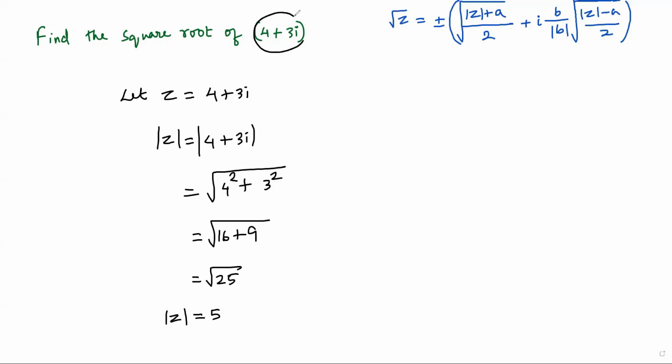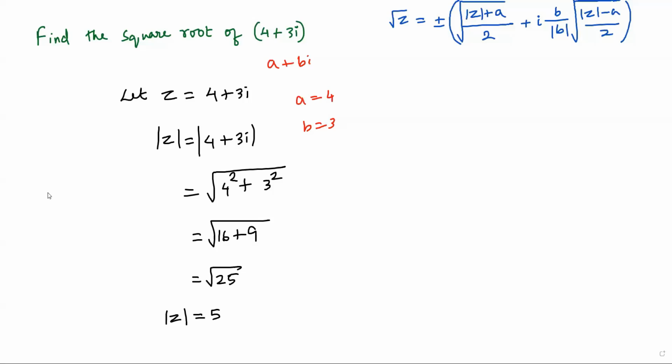If you compare the given complex number with a + ib, we get a = 4 and b = 3. Now in this shortcut, we just have to plug in z = 4 + 3i, absolute value of z = 5, a = 4 and b = 3. We substitute all these values into the formula.